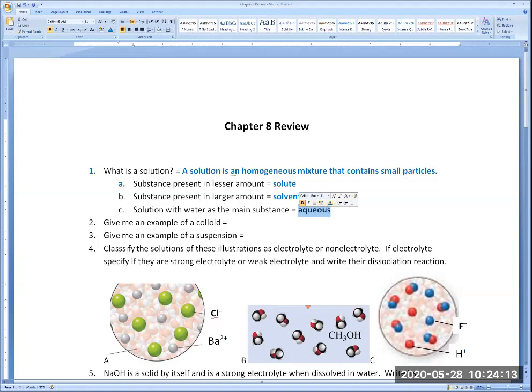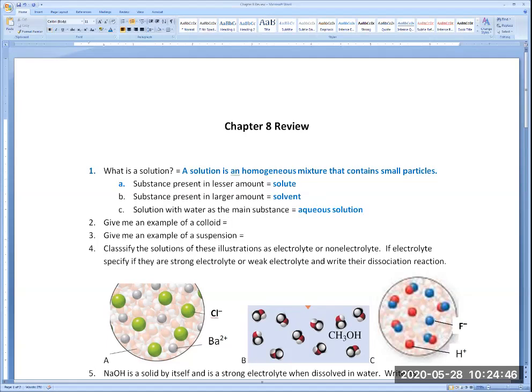I'm sorry if I don't pronounce this very well, but aqueous. So we would call it an aqueous solution. Aqueous solutions are solutions where the solvent is water. There are many kinds of aqueous solutions, and that's what we mainly use because water is readily available. So a lot of solutions are actually made with water as the solvent.